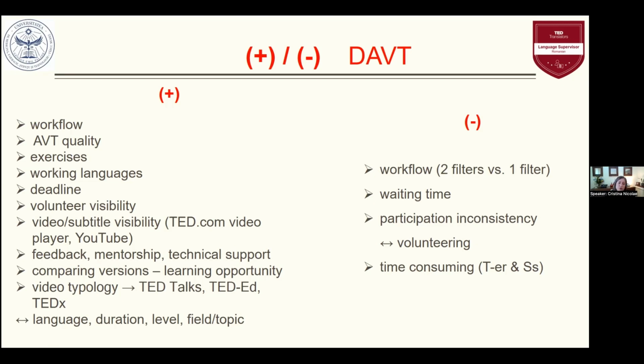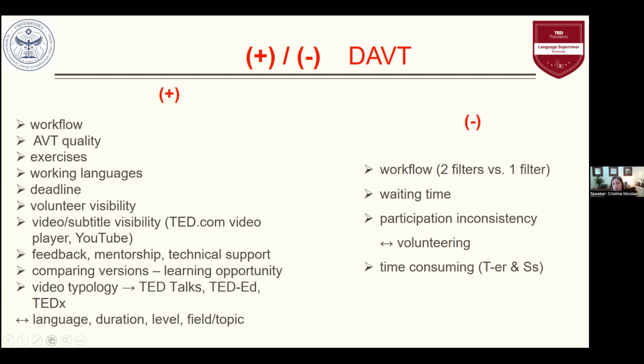A further advantage would be the richness of the typology, so TED Talks, TED lessons, and TEDx Talks again. As for the disadvantages, I will quickly refer to them. If the workflow proves to be an advantage, it can also prove to be a disadvantage in that before working with Caption Hub, TED worked with Amara platform, where we had two filters, so translator, reviewer, and then a language coordinator who approved the entire talk.